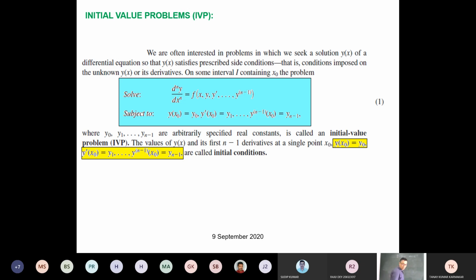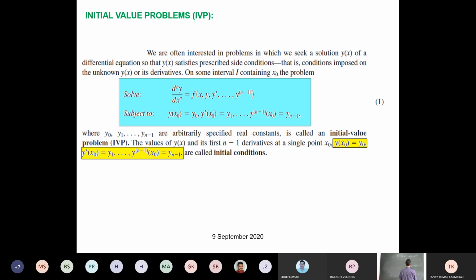So how are we going to interpret this? Suppose this is my x-axis, and suppose this is y, where I am going to represent the function. Suppose this closed interval is AB, and suppose the point x0 is here.